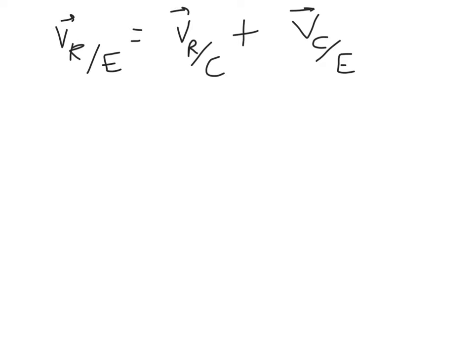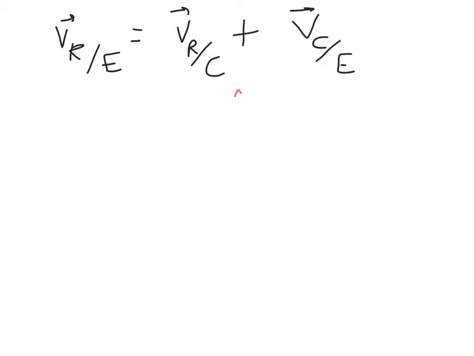Filling in what we know, we realize that this term is what we had just found out, the negative 80 kilometers per hour, and this term is the velocity of the command module with respect to the Earth. And since we are looking after the explosion, this is exactly what we previously called VCF. And so we have negative 80 i hat plus VCF.